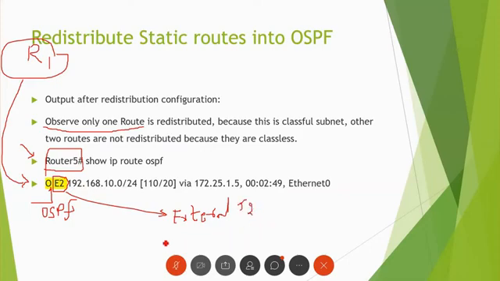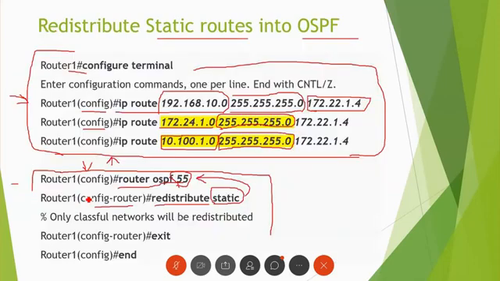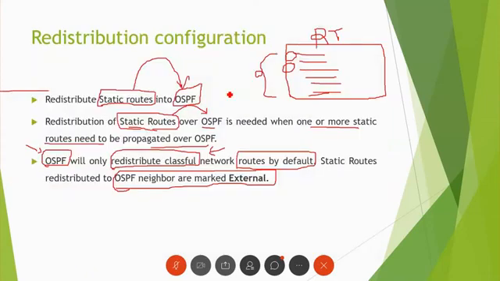So this is the route 192.168.10.0. Remember, we had this in the static route on the previous page. Going to the previous page, you can see this is the static route which has been introduced into OSPF because it is a classful network. We already mentioned in the rules that only classful networks will be redistributed.